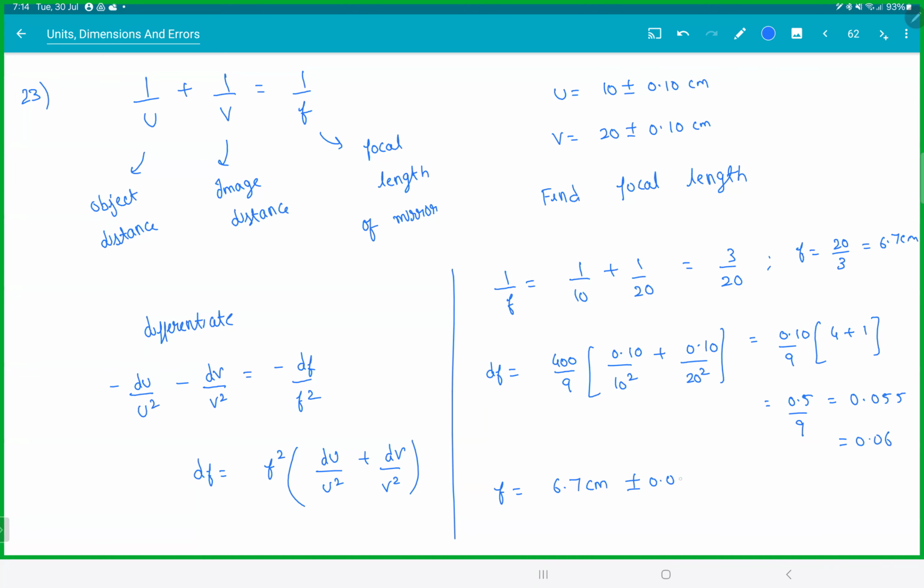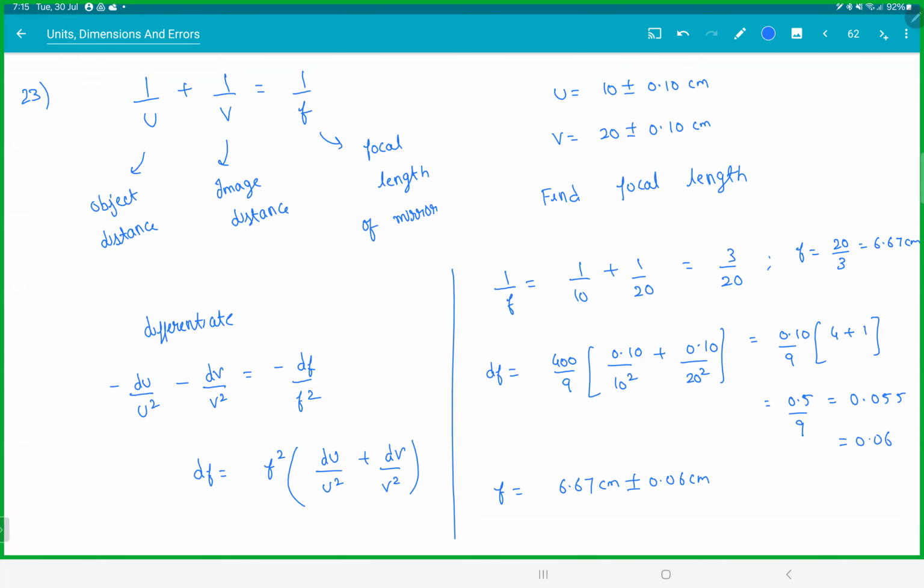This is better. That means I can make this also 6.67 then. Did you see? By putting one more decimal, it starts looking a little better. More decent error you're getting.